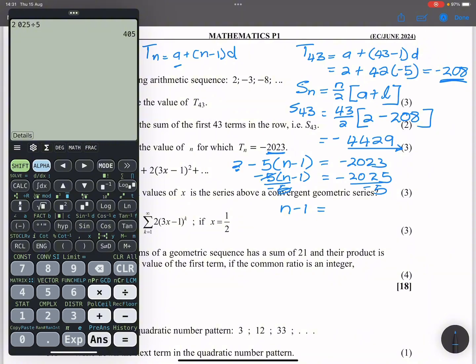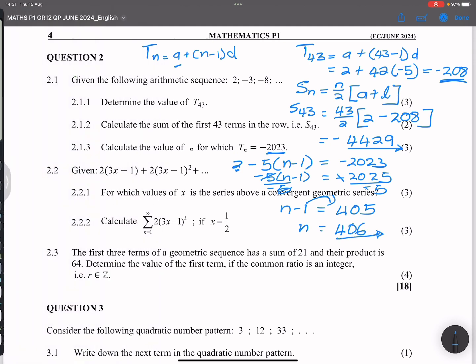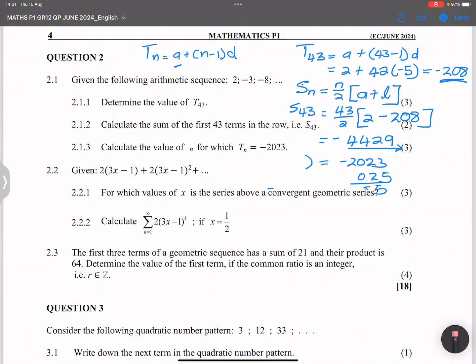But please note, ladies and gents, that we've got a negative divided by a negative, which gives us a positive. So that will be positive 405. And so n is equal to, if I take the 1 to the other side, that will simply be plus 1, so that means it will be 406. Which means that the 406th term will actually be negative 2023. I hope that makes sense. I'm just going to erase all of this quickly as we go to the next portion.